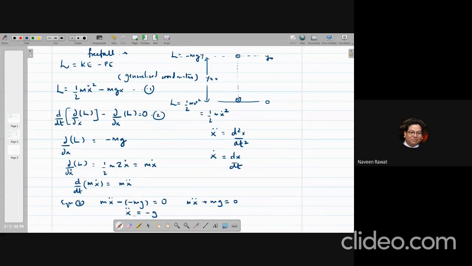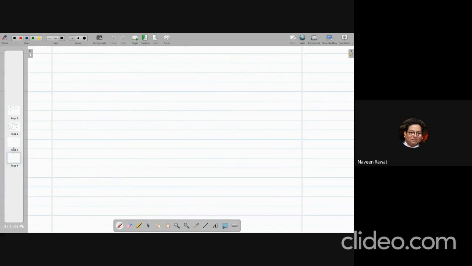Okay, so from here what you can do is, if I look at this equation again, I have x double dot plus g is equal to 0. That means I have essentially dv by dt plus g is equal to 0. And now I can do my integration.